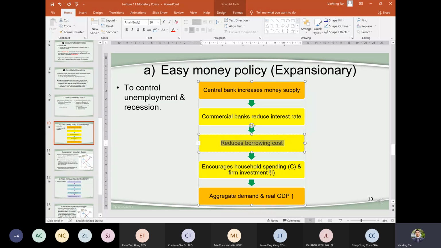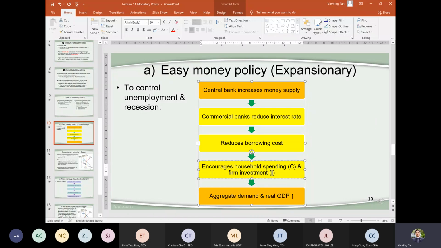So this will increase the I value. Once C and I are increasing, this will increase the aggregate demand. Once the aggregate demand increases, the real GDP of the country will increase. Then this can reduce the recession issue and address unemployment.